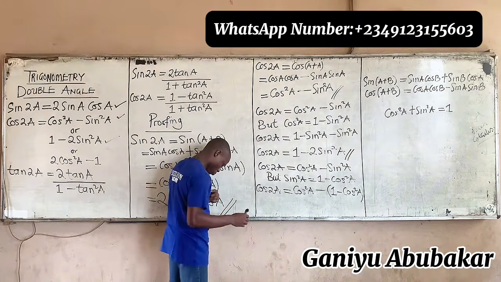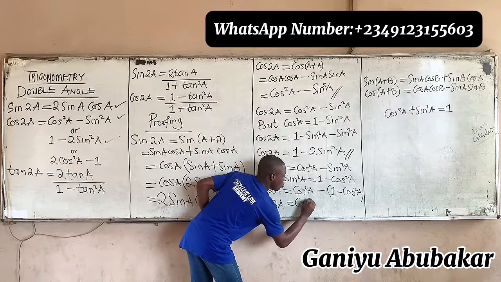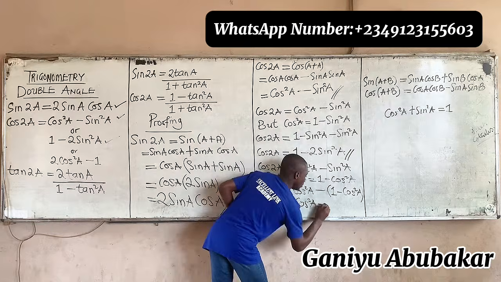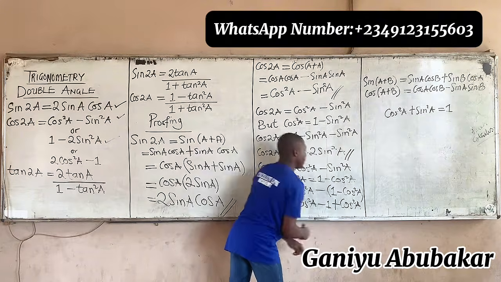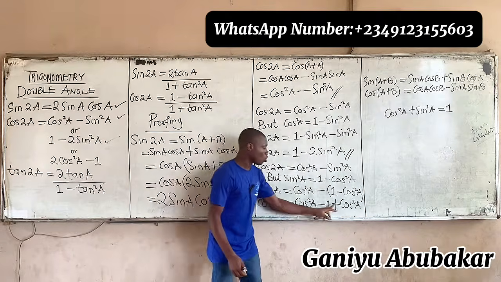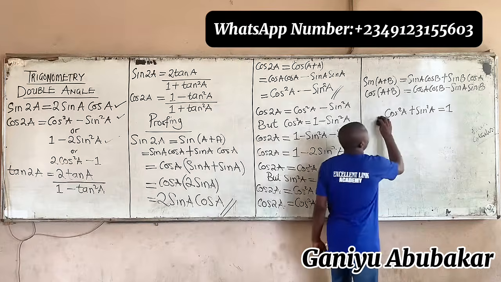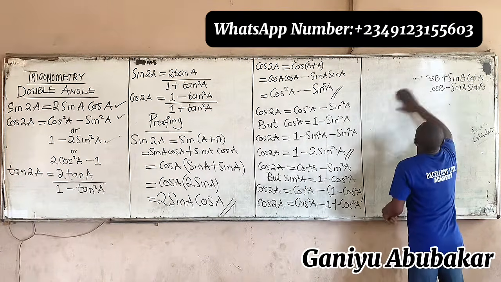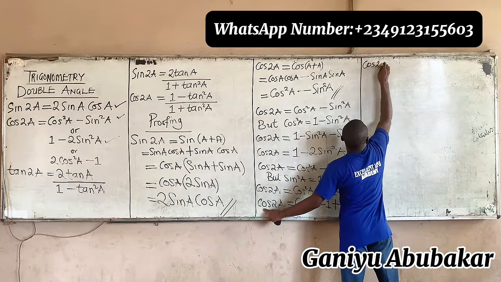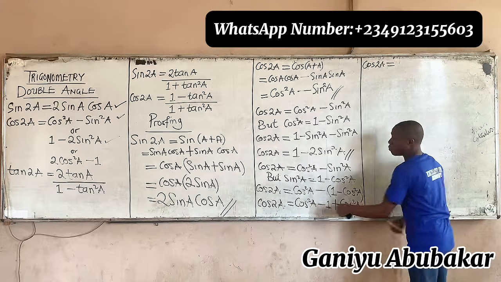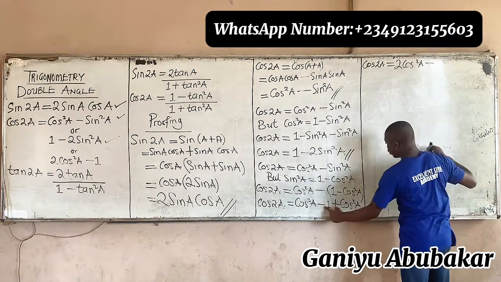I'll have cos 2A as being equal to cos squared A, minus times 1 is minus 1, next minus times minus is plus, then I have cos squared A. Mind you, cos squared A plus cos squared A will give us 2 cos squared A. So cos 2A can be expressed as 2 cos squared A minus 1.